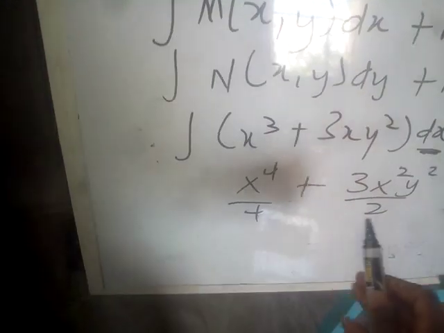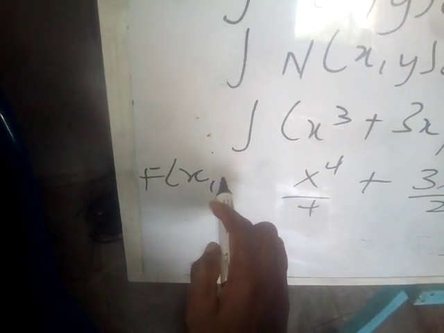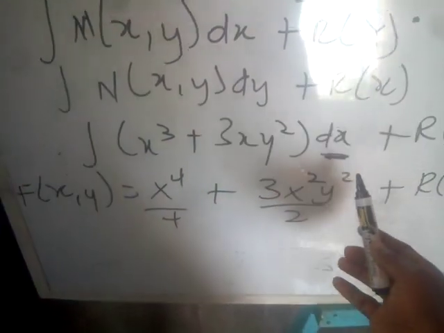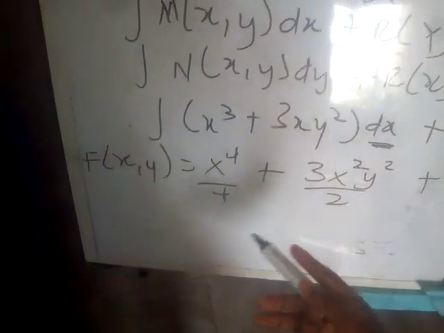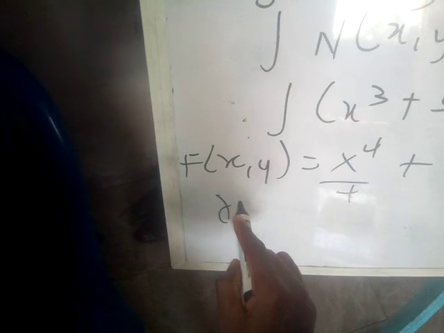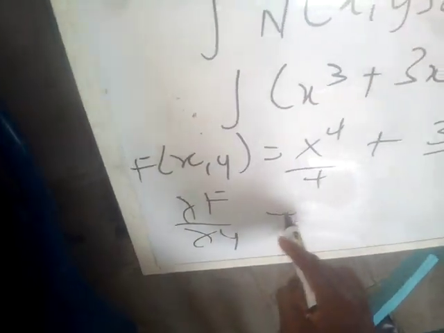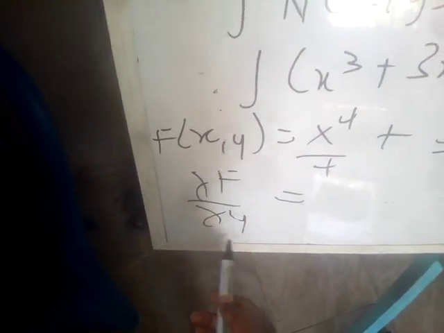After integrating, remember this is equal to f of x and y. The next thing we do, because we integrated with respect to x, is differentiate with respect to y.